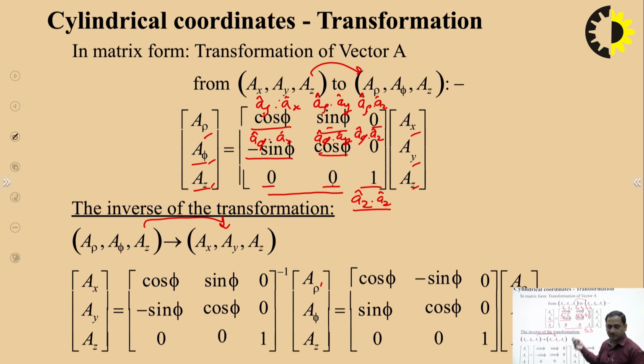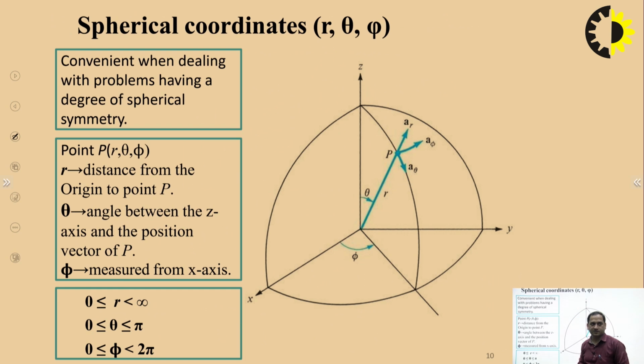In this case, row will become column and column will become row. That is why this kind of matrix will be observed. So this is the transformation from Cartesian to cylindrical or cylindrical to Cartesian. I hope this transformation matrix is clear to all of you.